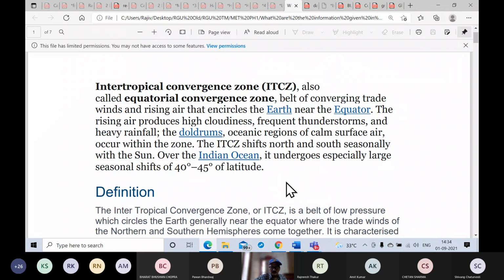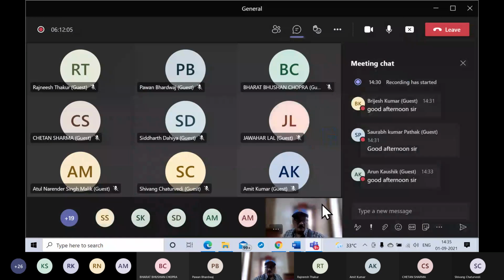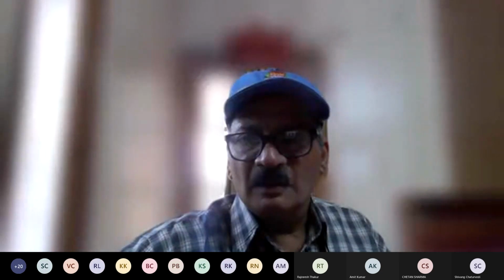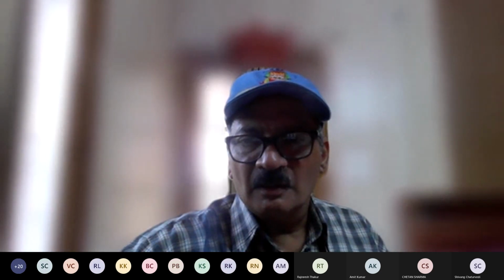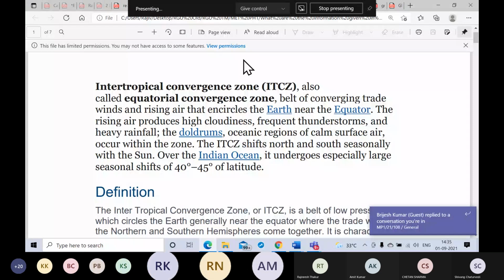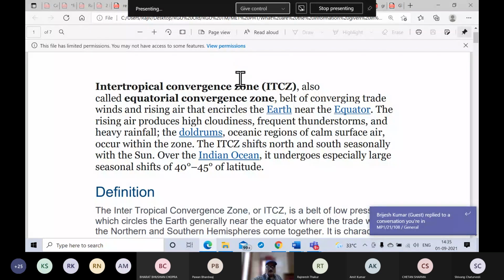You can confirm that share screen is possible. No sir, it's not visible. Okay, one minute, let me confirm. It should be visible, I am already sharing it. Nobody can see it. Let me try again. Yes.